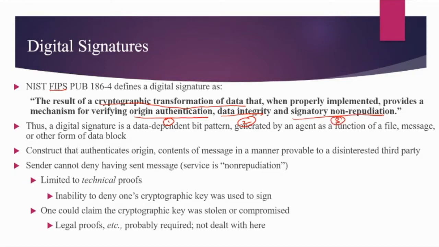These three things. So what is a digital signature? It is some sort of cryptographic transformation that we do on the message itself, which we are signing, which allows us to verify origin authentication, data integrity, and signatory non-repudiation.